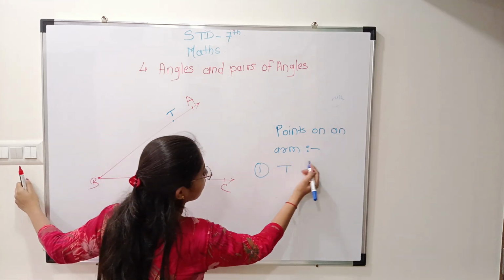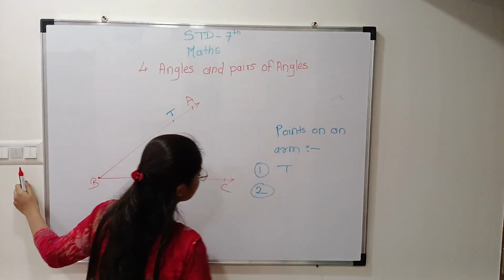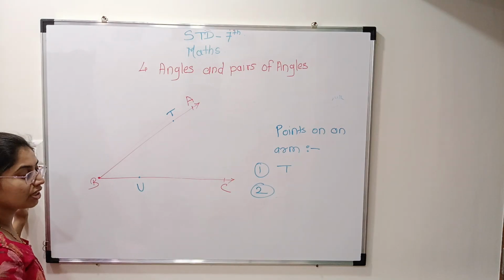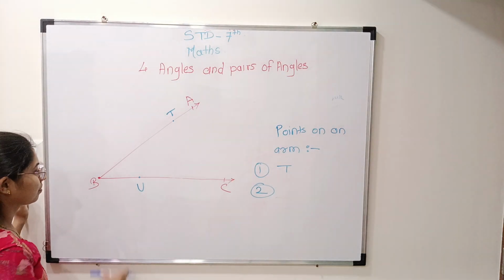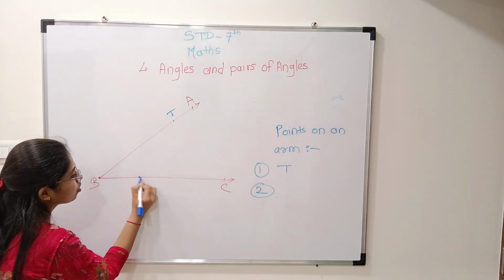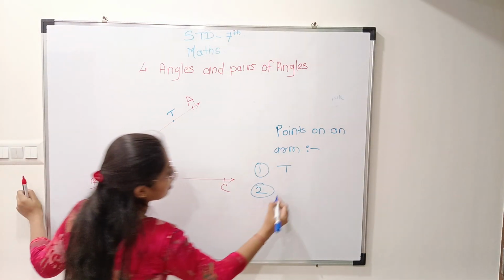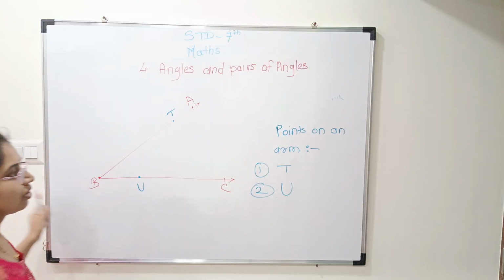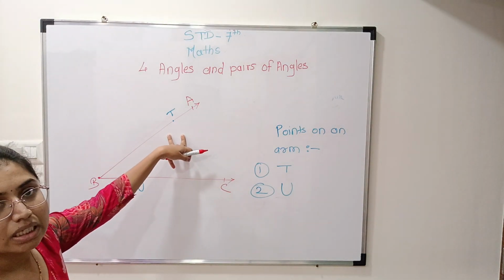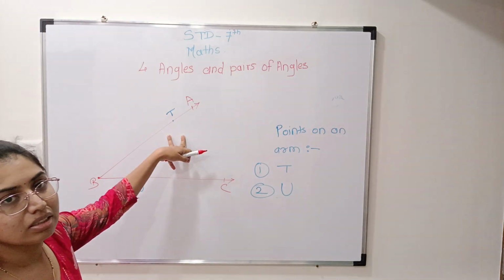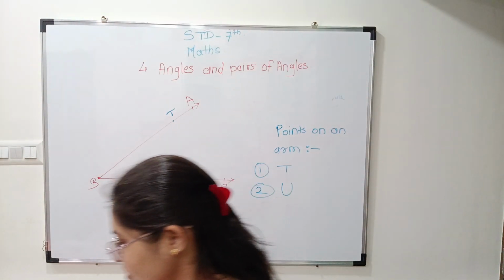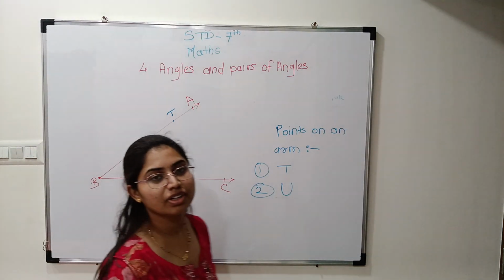So the point on an arm is T. Next, one more point is there which is situated on an arm. This BC is the second arm and this point U is situated on this arm. So these 2 points are situated on the arms of an angle. Done? Understood everyone? Any doubt regarding this?